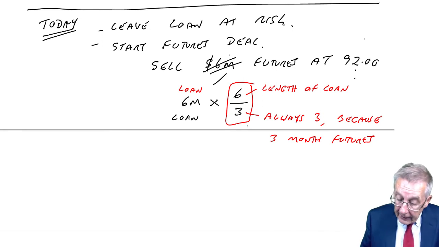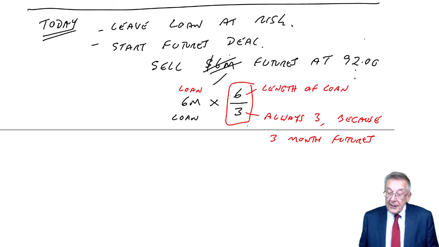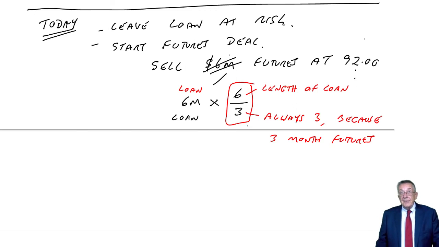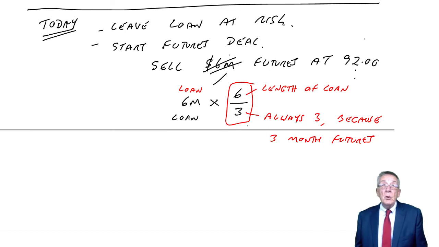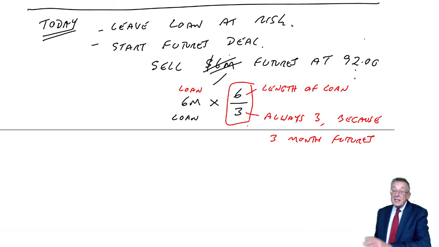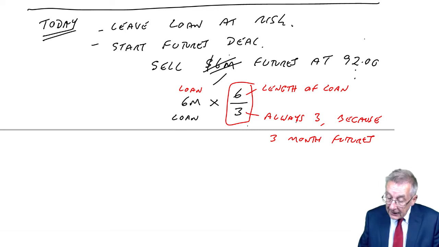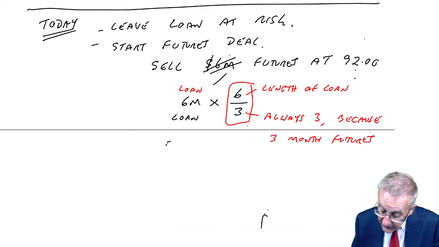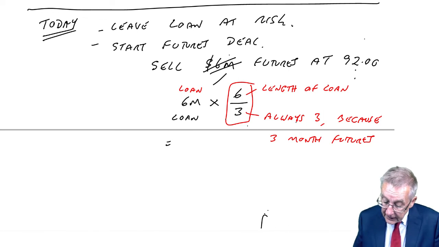All right, so let's carry on now with the question and let's make sense of it. That's all we'll do today. The loan we simply leave at risk. When we take the loan, we'll pay whatever the interest happens to be. But we'll start a futures deal, we'll ring the dealer and we'll say, sell. What does this come to? 6 million times 6/3.